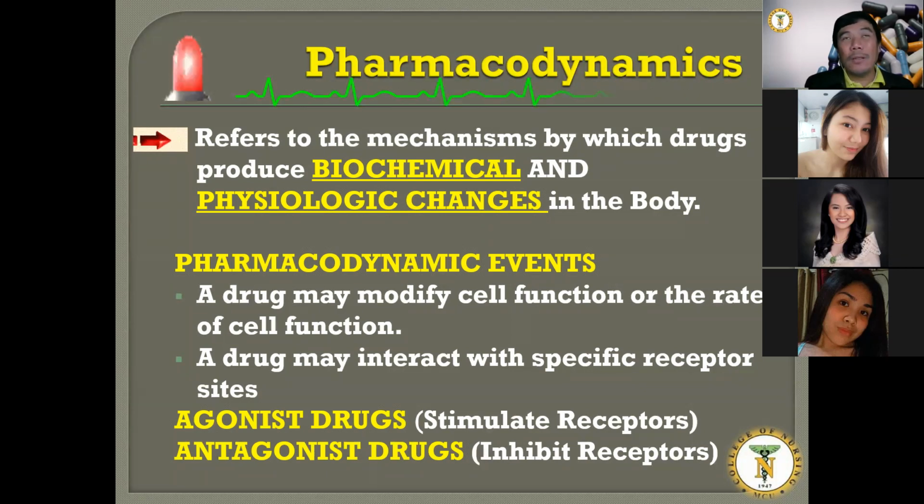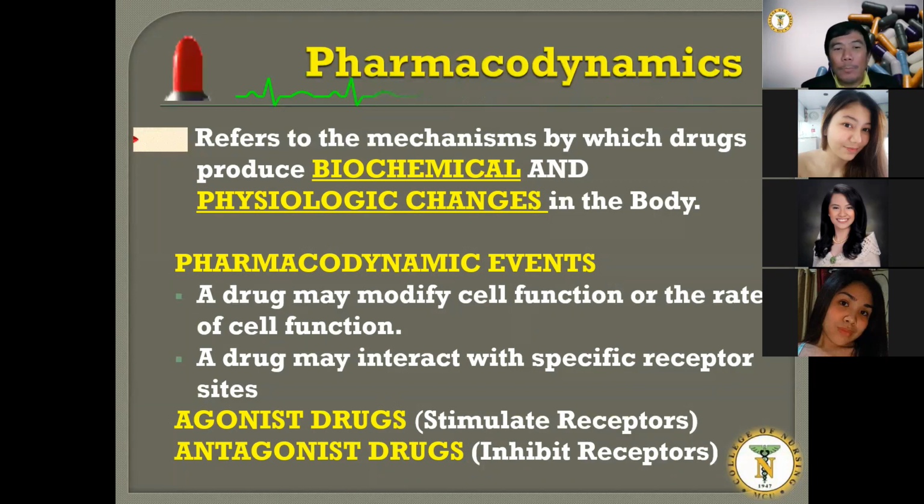So if we say antagonist, the terms that can be associated here are lytic, block, inhibit. Kaya if you have heard about antagonist, lytic, inhibit, blocker, common is to block, to inhibit. So common, associated, synonymous to each other. If we say agonist naman is a term that is being used to stimulate, to promote, to induce, so to facilitate. So those are the drugs.